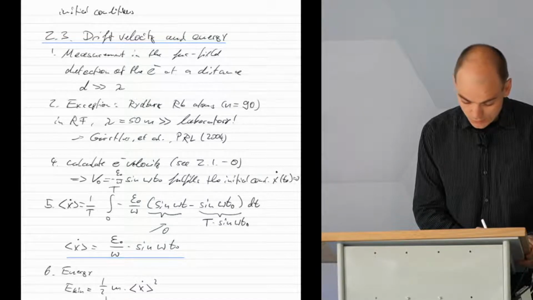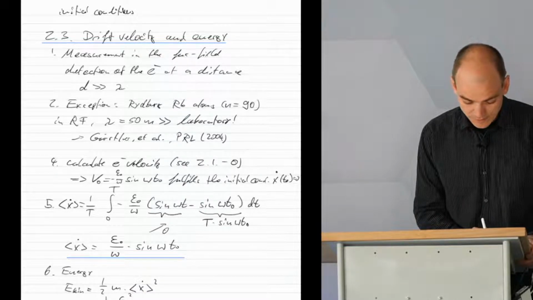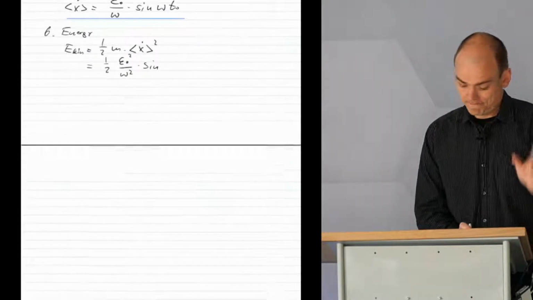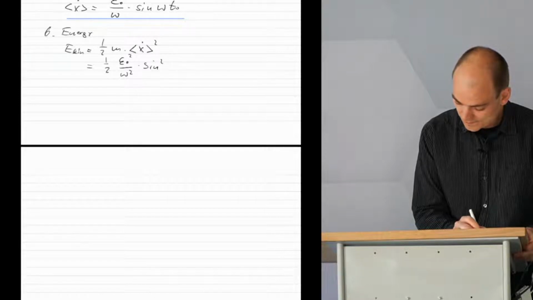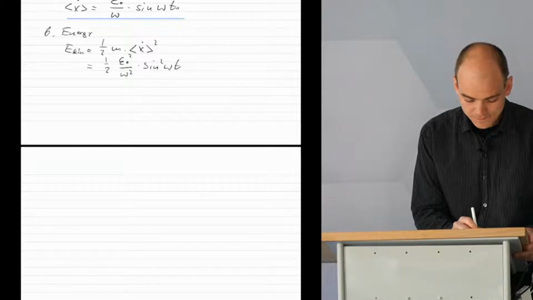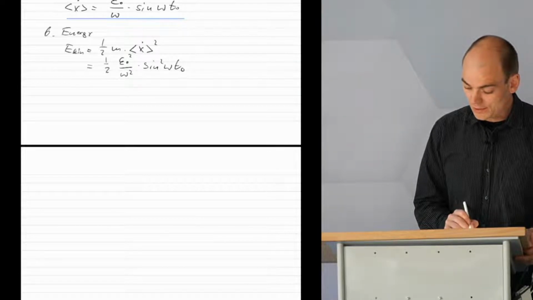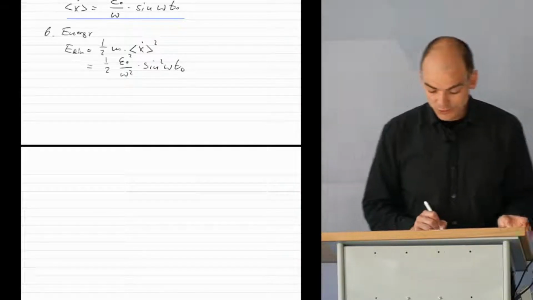1 over 2 times E0 squared over omega squared times sine squared omega t0.